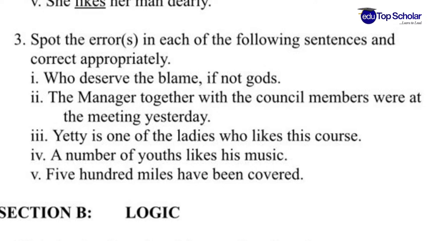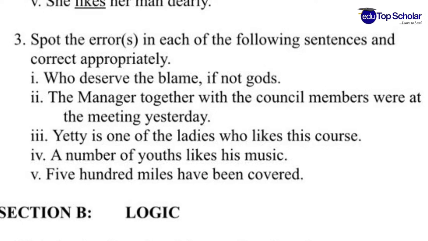The subject is already singular, so that together with is just an accompaniment. It is not in any way making the subject plural. It is still a singular subject. So it's going to be: the manager, together with the council members, was at the meeting yesterday. Was at the meeting yesterday, not were. We have only one person that we are discussing here, and that's the manager.